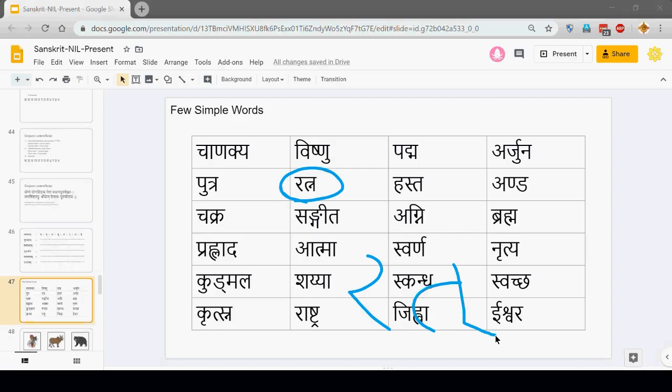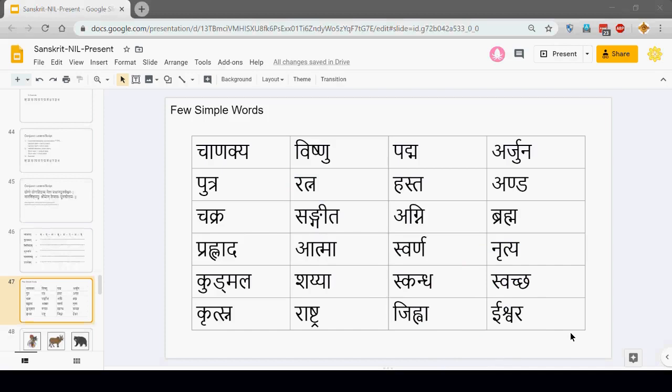So ta we just write without any vowel, just the consonant part, and there is a na part there. You see the small na inside. So we write it like that. So the entire thing becomes ratna. Ratna is diamond.